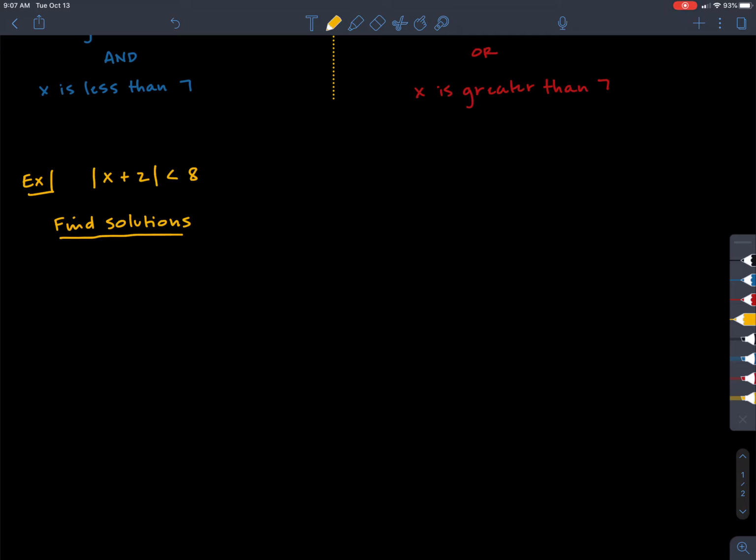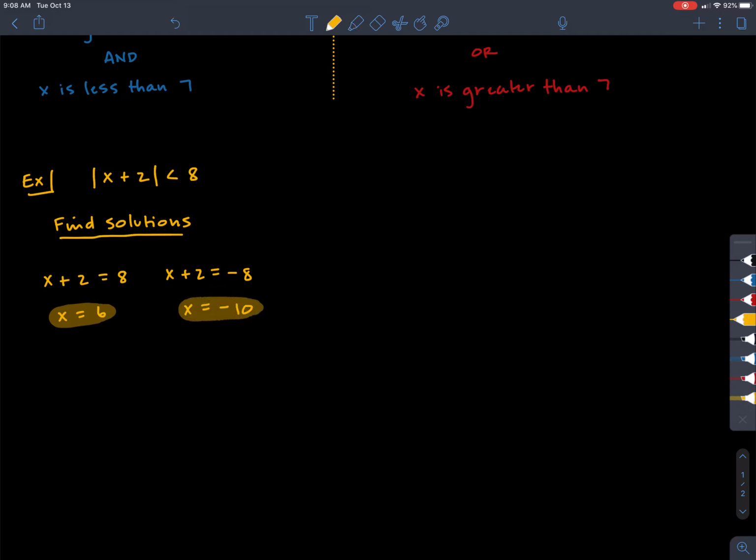To do that, we're going to solve this just like we would solve an absolute value equation. x plus 2 equals 8, x plus 2 equals negative 8. So x is equal to 6 and x is equal to negative 10.